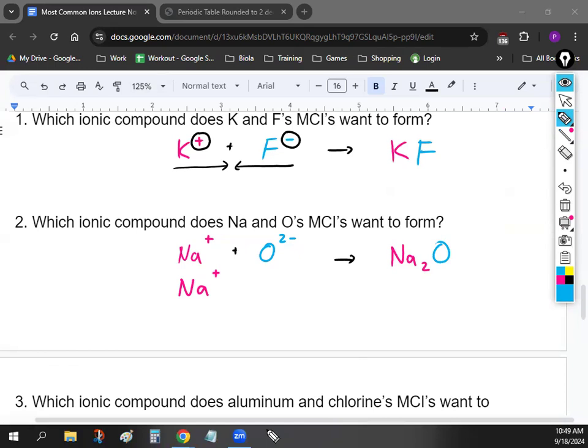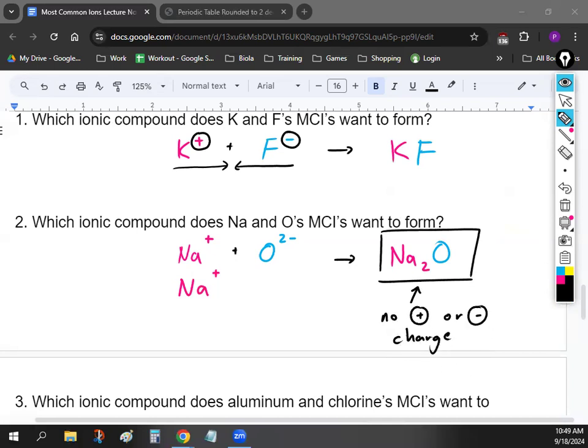All right, so the key here is you want to add the cations and the anions until they balance out in positive and negative charge. One thing I do want to mention is that when you write down these ionic compounds, make a note: there's going to be no positive or negative charge when you put it together.